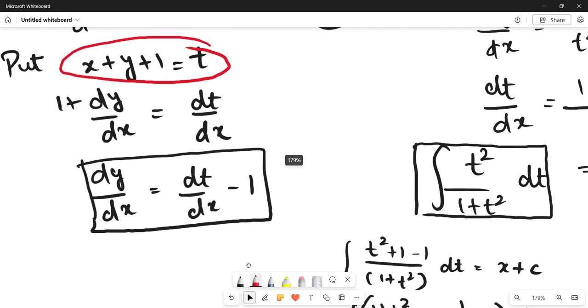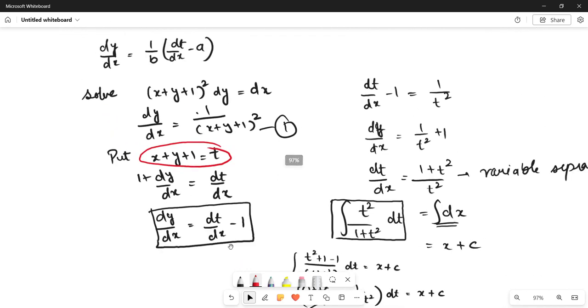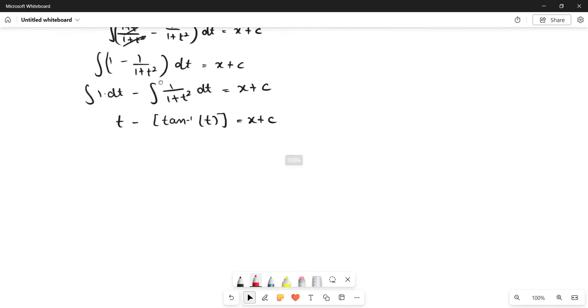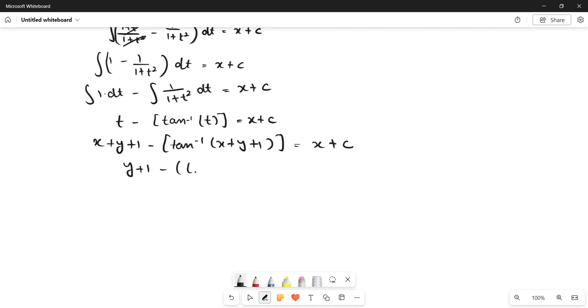So we will put t as x plus y plus 1, and we will get x plus y plus 1 minus tan inverse of (x plus y plus 1) equals x plus c, and on simplifying, y plus 1 minus tan inverse (x plus y plus 1) equals c.